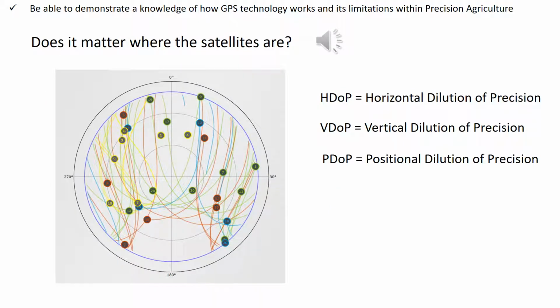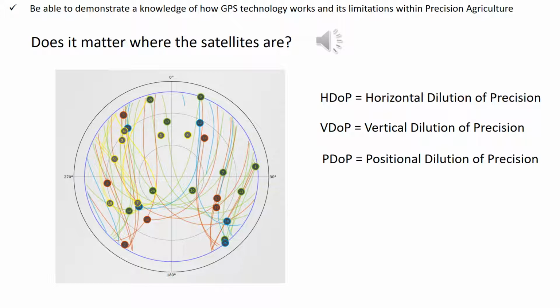Now that we know we need 4 satellites to determine our location, does it matter where those satellites are positioned in the sky? What you can see here is called a sky plot, and each dot is a satellite with its number, and each line is the orbit of that satellite.